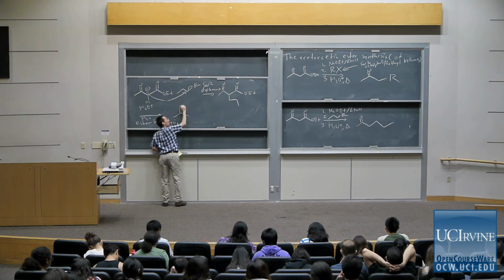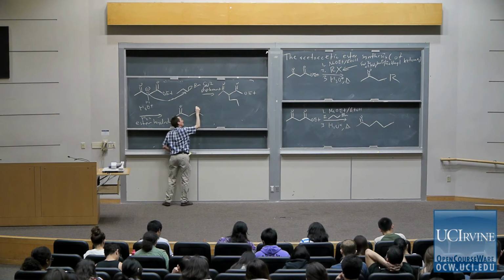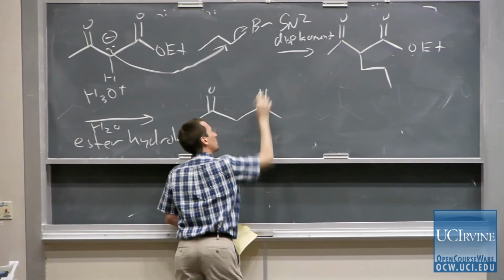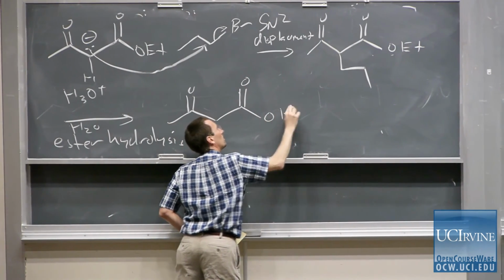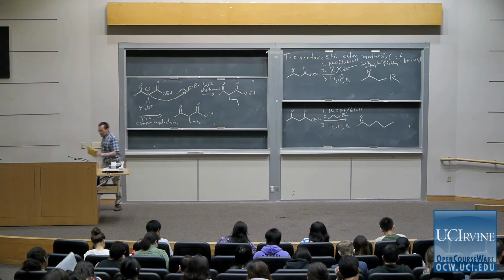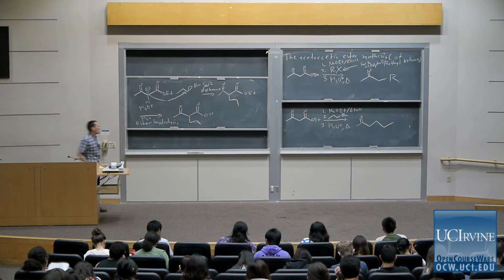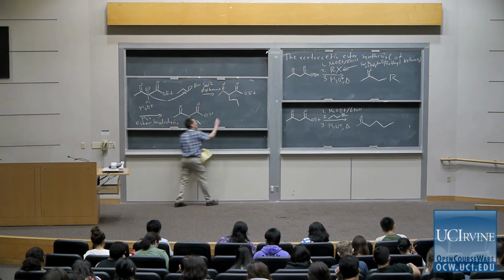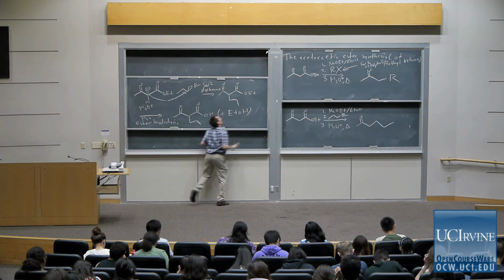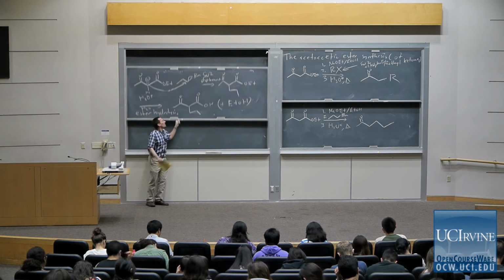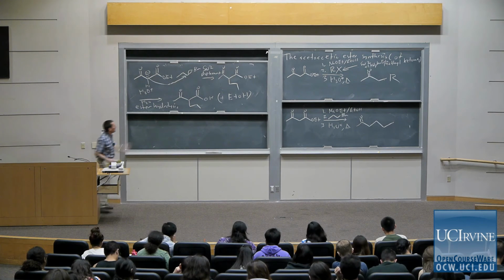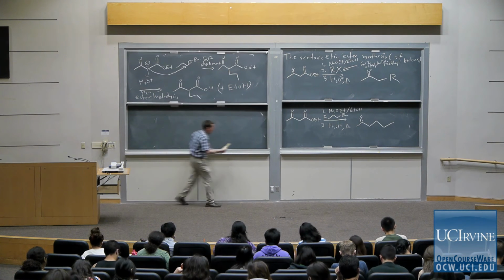You protonate the carbonyl, water attacks, you swap some protons around, you kick out ethanol. All right. So at this point, we have a beta keto acid. What the heck? I'll be a good person. Write ethanol here. But this is the guy that we're going to focus on, the beta keto acid.